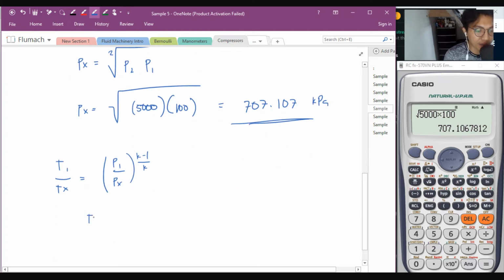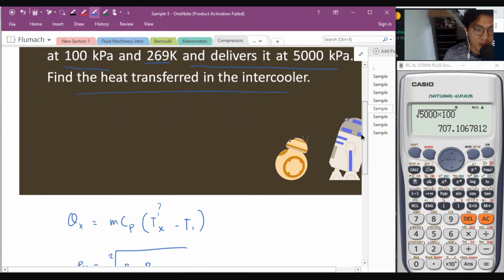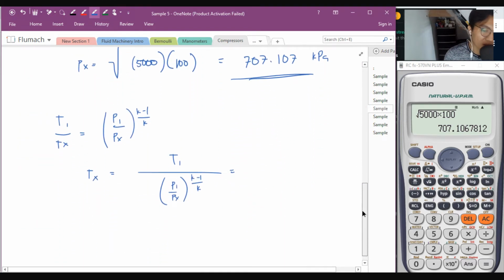So, Tx is equal to T1 over P1 over Px raised to K minus 1 over K. Oh, T1 is absolute form dapat ng T1 mo. 269 Kelvin. Divide by P1, P1 is 100 kPa. Divide by 707.107 raised to 1.4 minus 1 over 1.4.